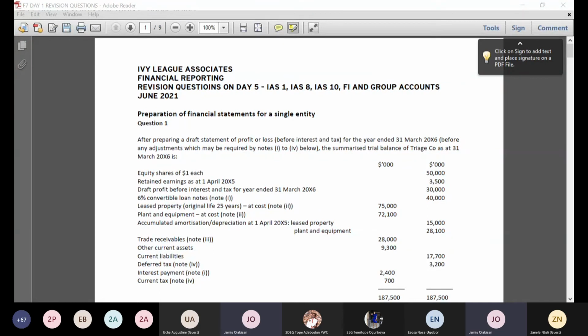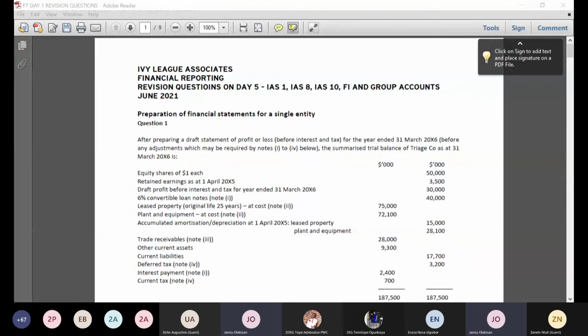The definition of accounting policy is those bases, rules, conventions, and practices that govern how financial statements are prepared and presented. Those are accounting policies: rules, conventions, practices, principles that govern the preparation and presentation of financial statements.